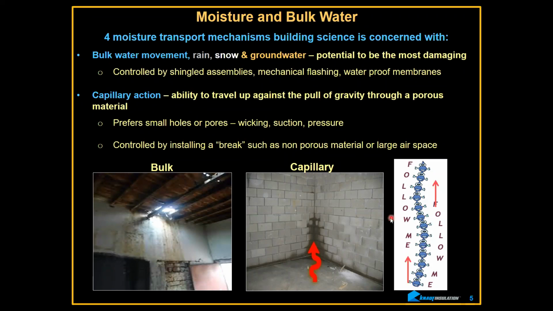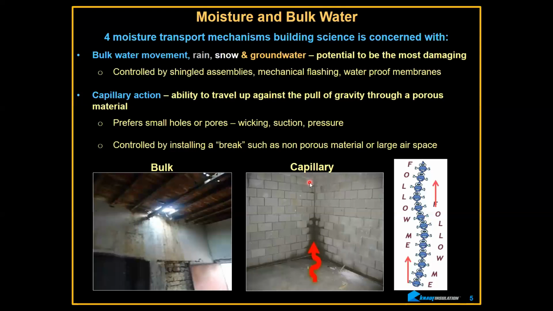Capillary action is where the molecules of water act as a chain link, like on the right-hand side here. So they get sticky. Water is interesting stuff. They get sticky, and then they hook onto a porous material, and then they will drive themselves up, and they'll keep crawling up.